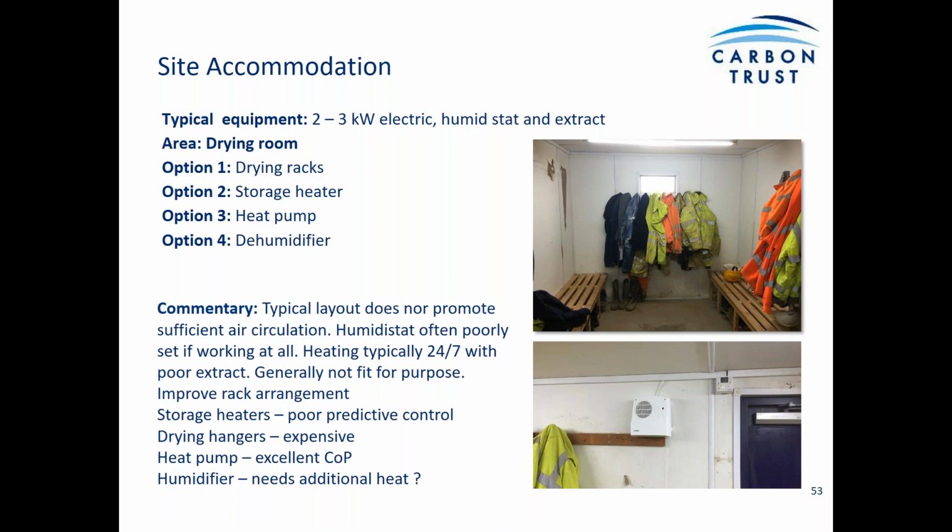Typically, what happens is that the humidistat isn't working, therefore the extract fan doesn't come on. The room's overly humid, which impacts on the rate of drying. I think in all of the ones that we were in, they typically aren't fit for purpose.